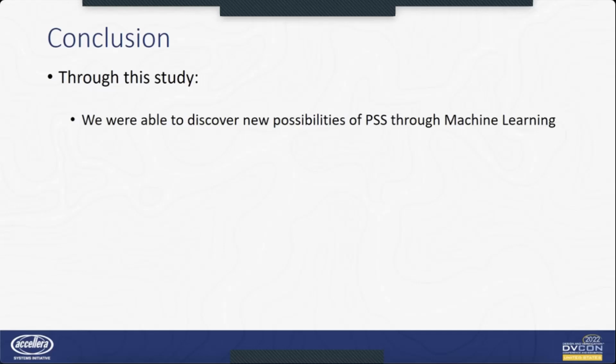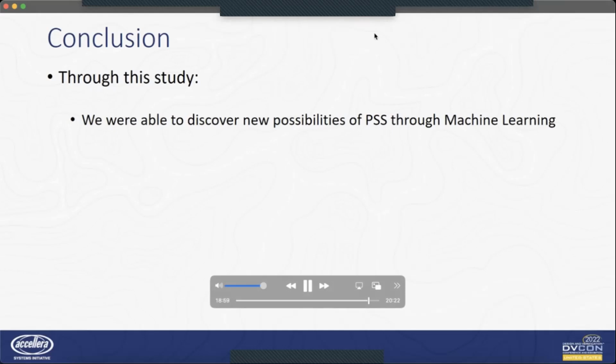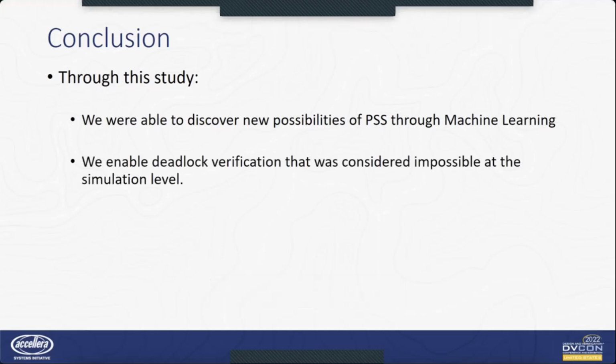I still believe that the biggest advantage of PSS is that it allows you to do things that you couldn't do before, rather than speed up your existing tasks. So far, for deadlock detection in earlier stages, we have focused on increasing the speed of simulation so that random tests used in post-silicon validation can be quickly performed in pre-silicon environments.